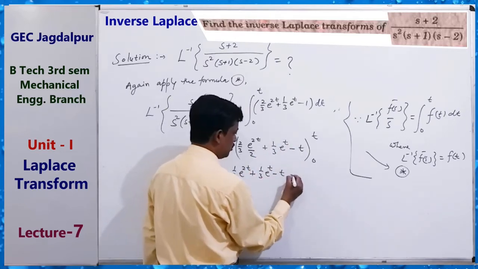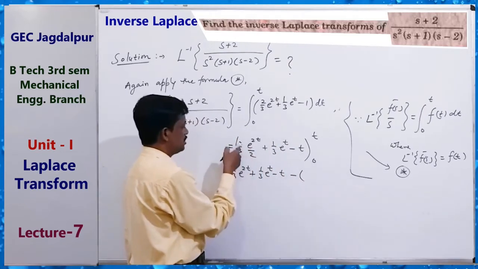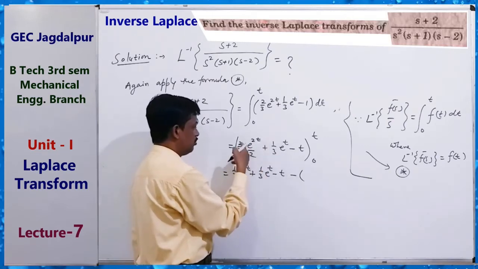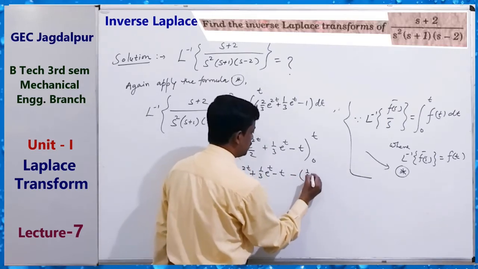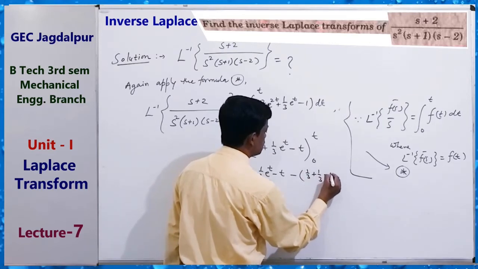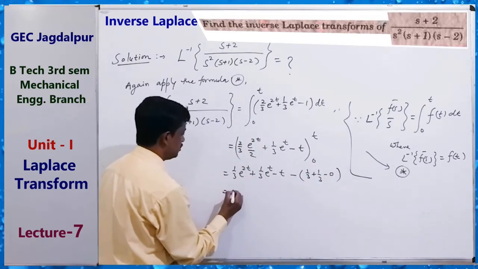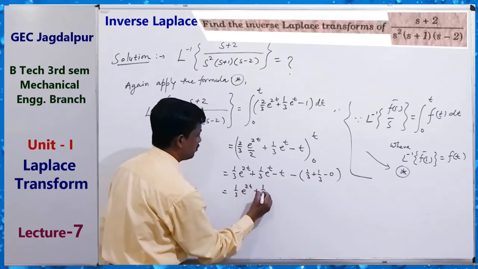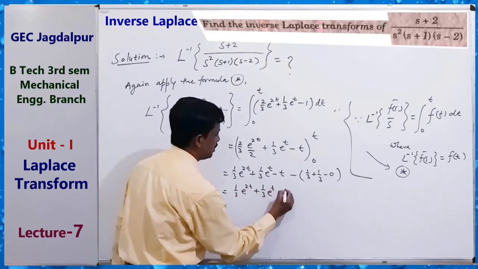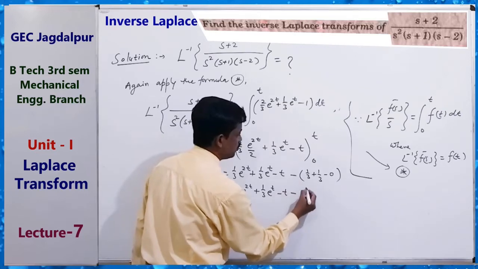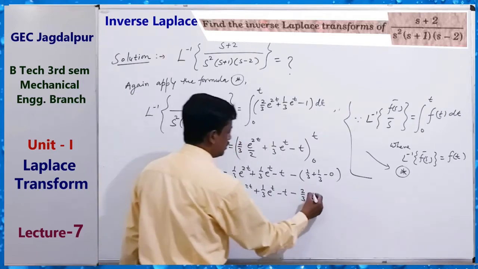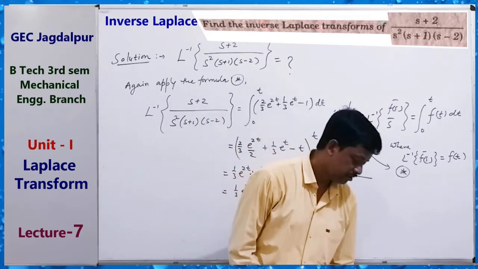For 0, 2 cancels, 1 by 3 e to the power 0, which is 1, 1 by 3 plus 1 by 3 minus 0. So 1 by 3 e to the power 2t plus 1 by 3 e to the power t minus t minus 2 by 3. Clear? So this is our answer.